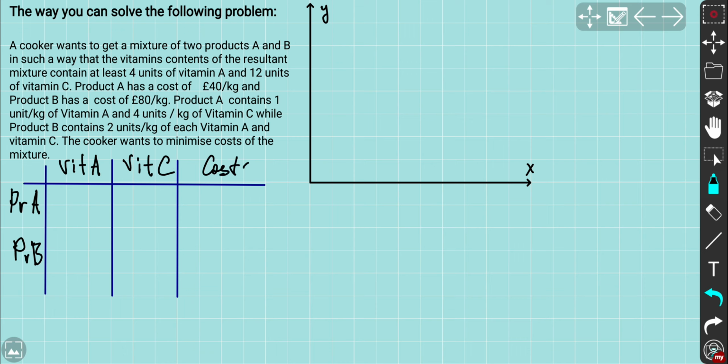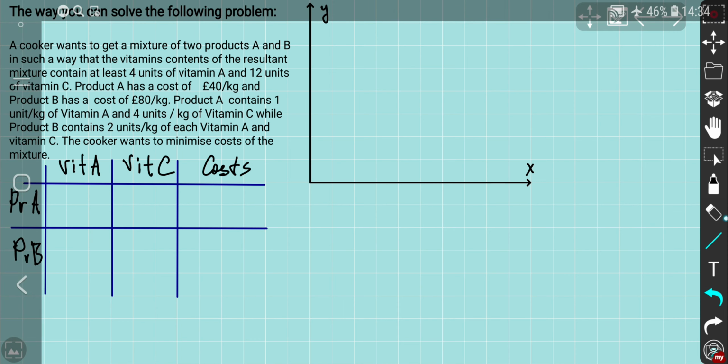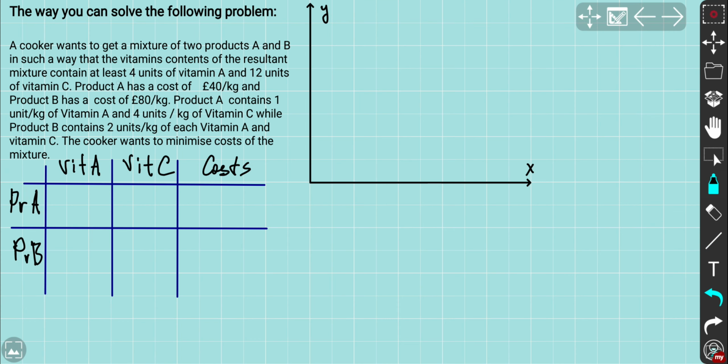First of all, let's set up for product A what we have for it. We have vitamin A. So the product A description is right there. It has the cost of 40 pounds per kg. Product A contains 1 unit per kg of vitamin A.